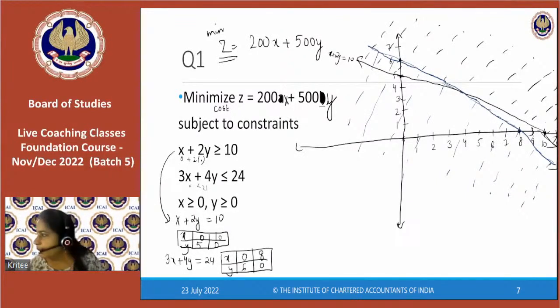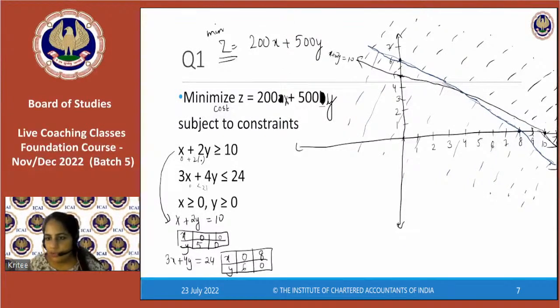Of course there is a bounded region. X has to be greater than 0, that means all the X's have to be above this line and all the Y's towards the right. So we have a common region.